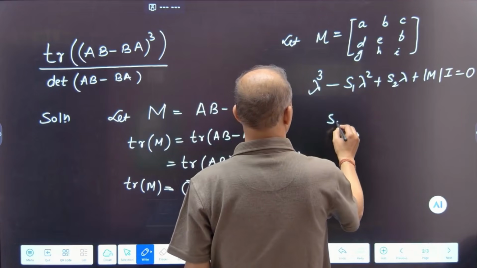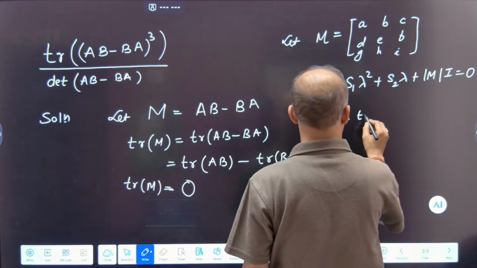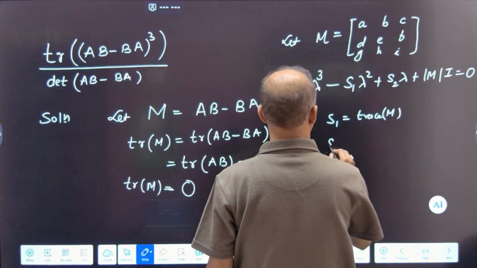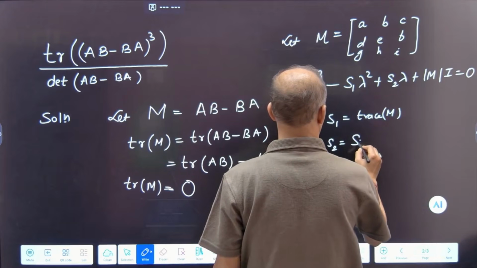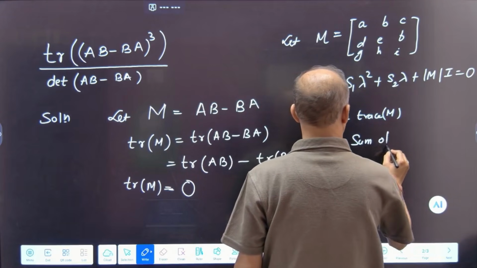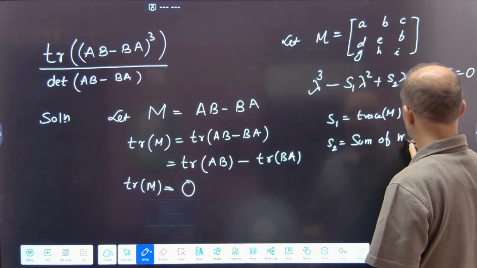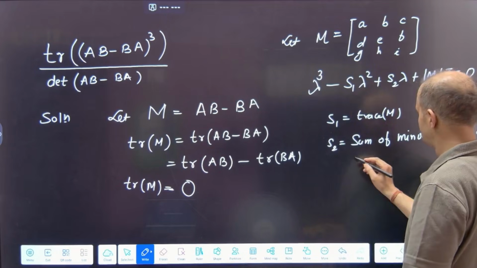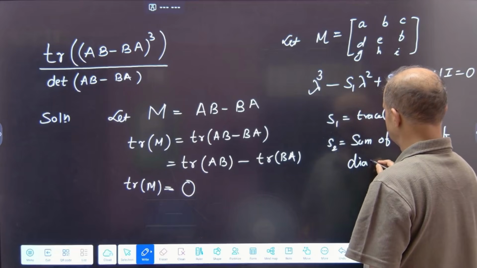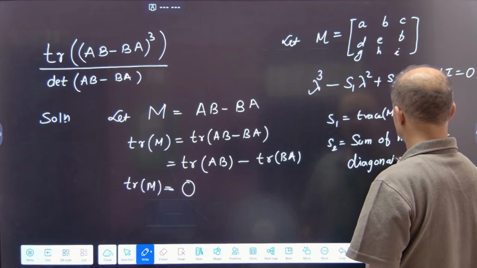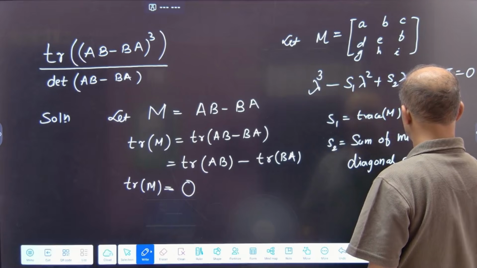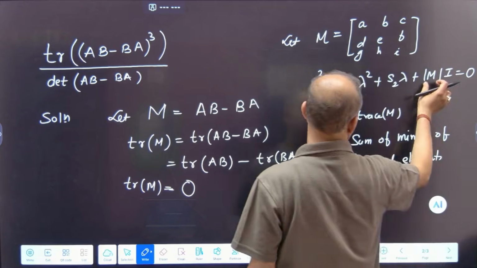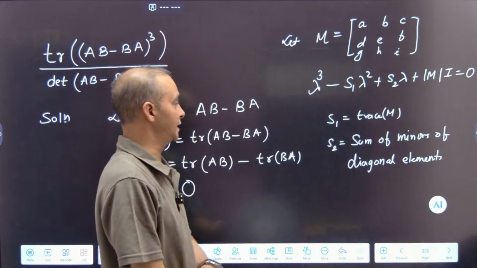What are S1 and S2? S1 is the trace of M and S2 is the sum of minors of diagonal elements. And of course, if I have to tell that is S3, then I can write the determinant of M.